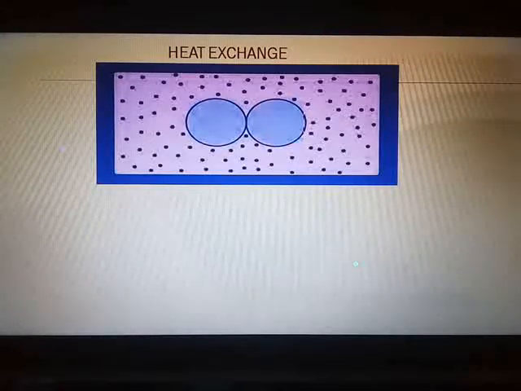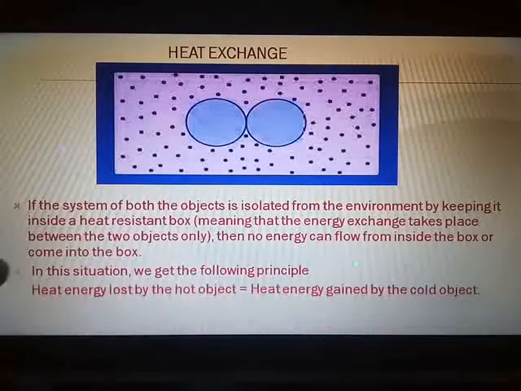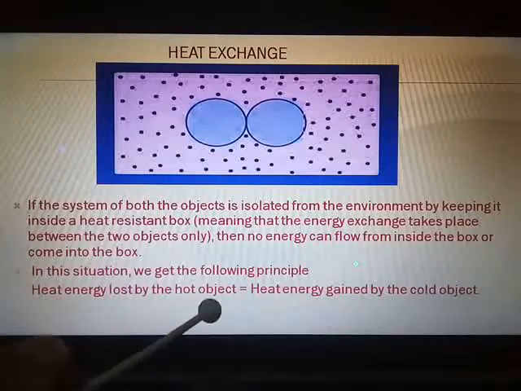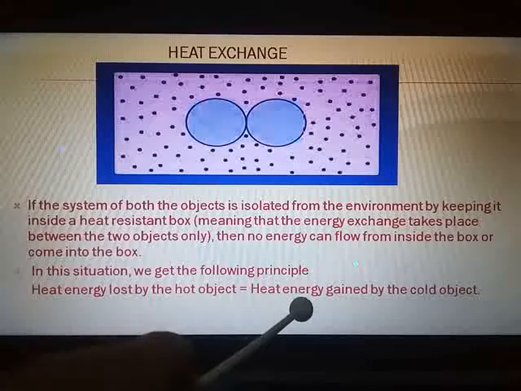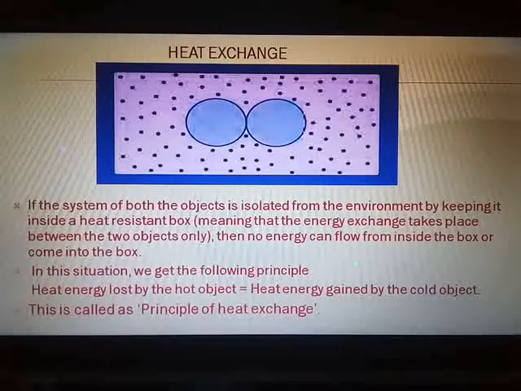No energy can flow from outside into the box. In this situation, you get the principle that the heat energy lost by the hot object is equal to the heat energy gained by the cold object, which is known as the principle of heat exchange.